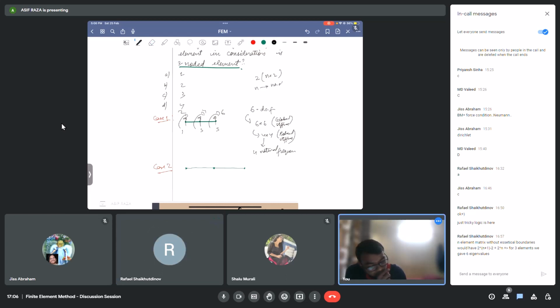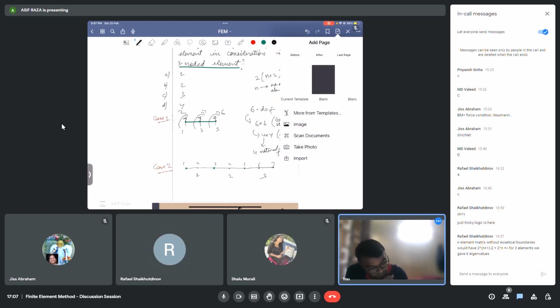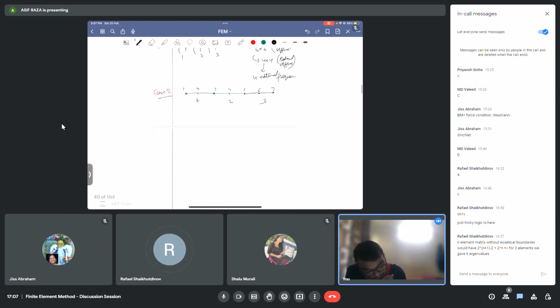Let me check. If I have one element, we have three nodes.